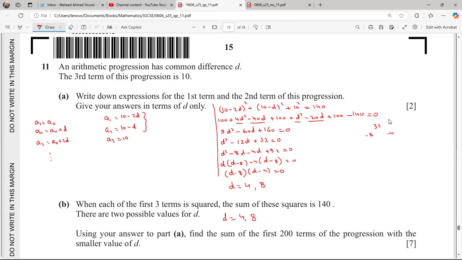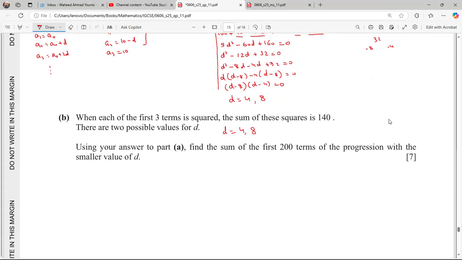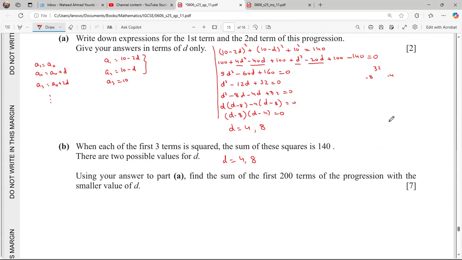Now the next part says using your answer to part A, find the sum of the first 20 terms. Back from here, the first term is 10 minus 2d, and that is going to be 10 minus 2 times 4, which is 8. So 10 minus 8 is 2.